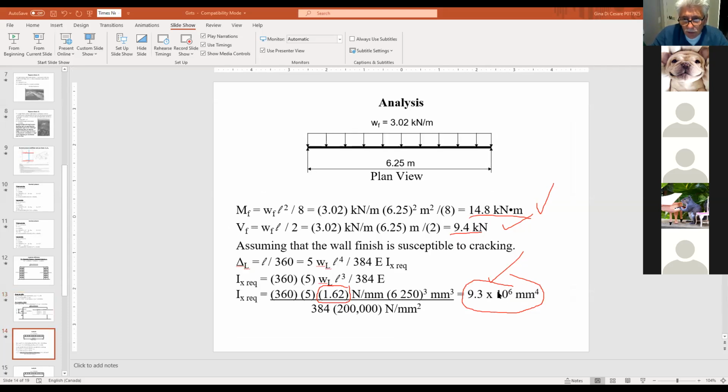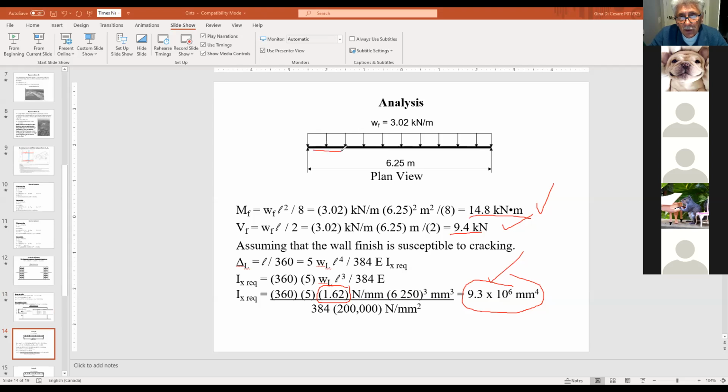Okay, so here we go. Here we've got the IX required, 9.3 times 10 to the 6, the VF of 9.4, and the MF of 14.8. Now, guys, I hope you can appreciate, this is my girt here.